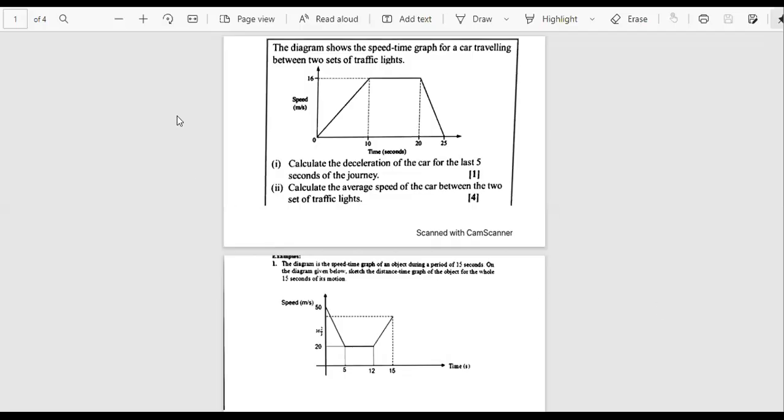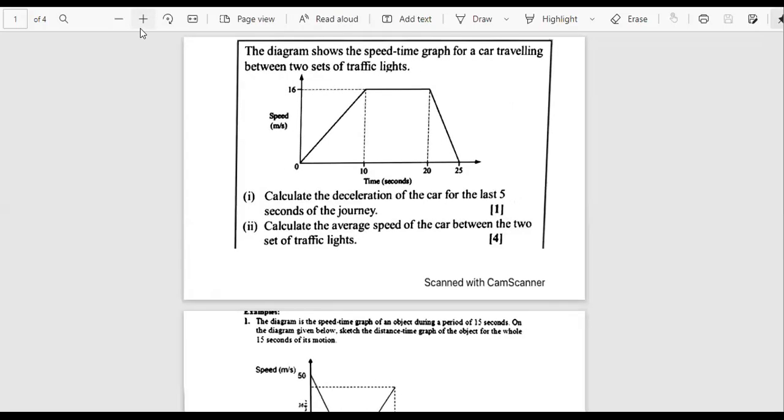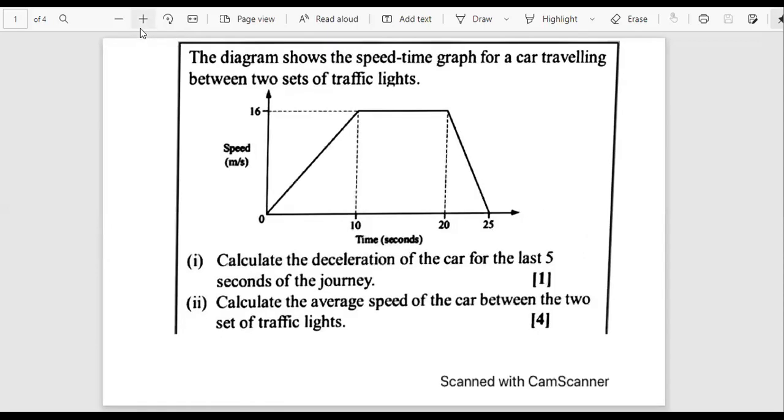Okay, I am going to share the PDF that I made for the questions. Right, so I have shared that.